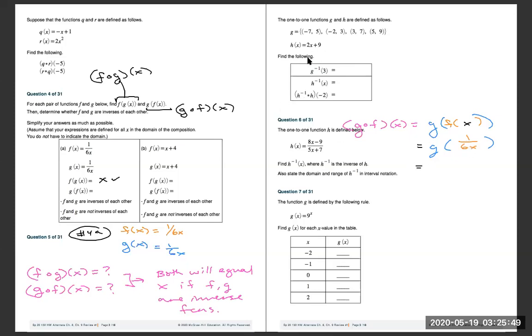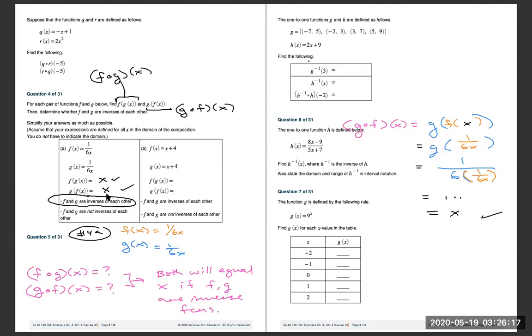So plug that in. Function g is 1 over 6 times x. X is 1 over 6x from function f. So that actually comes out to be exactly the same. So for the first part, f and g are indeed inverse functions.